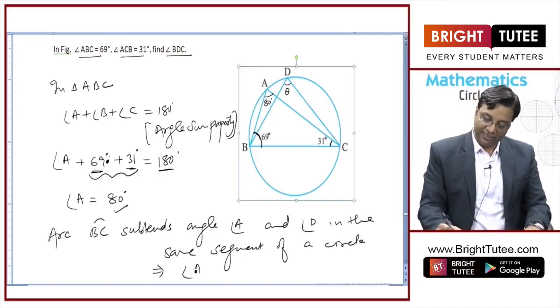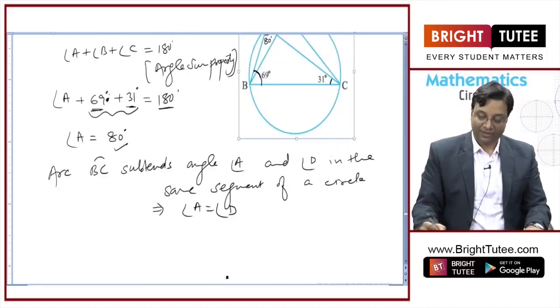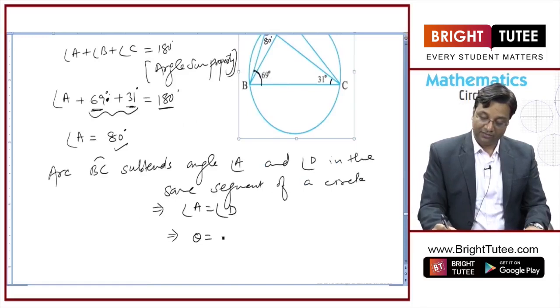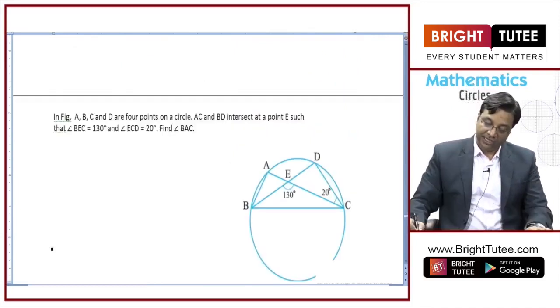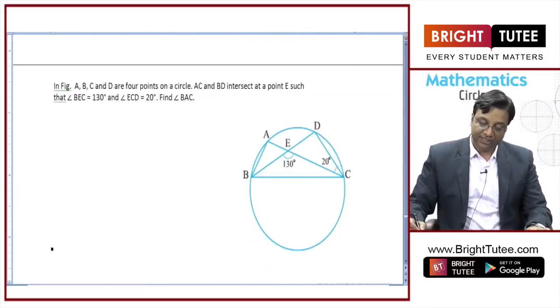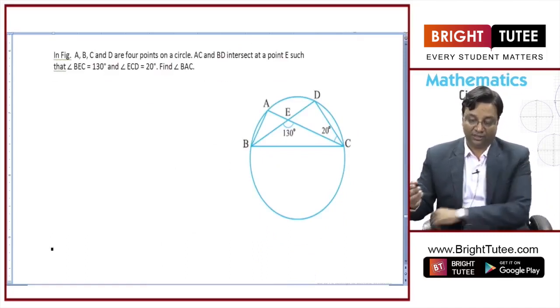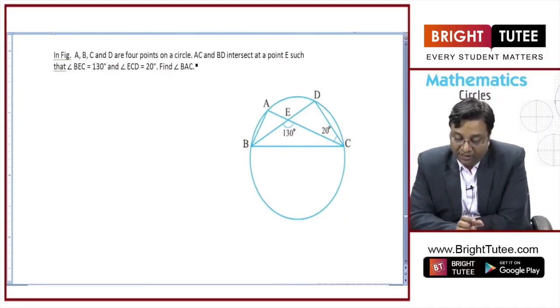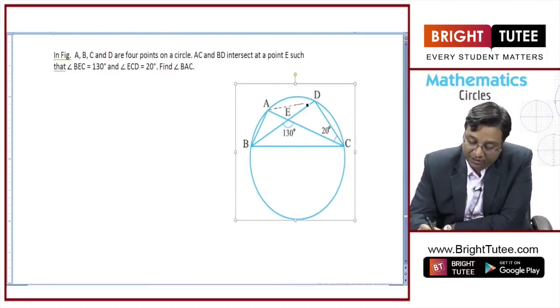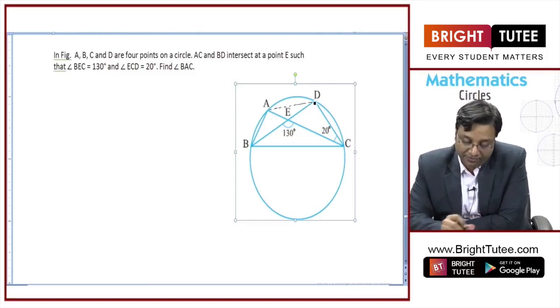Hence, angle A is equal to angle D. So theta is equal to 80 degrees is my answer. Now the points A, B, C and D are 4 points on a circle. That means if I make a quadrilateral ABCD, then it will be a cyclic quadrilateral. If I join these A and D, now this is a cyclic quadrilateral.